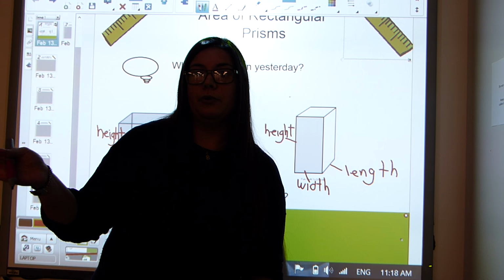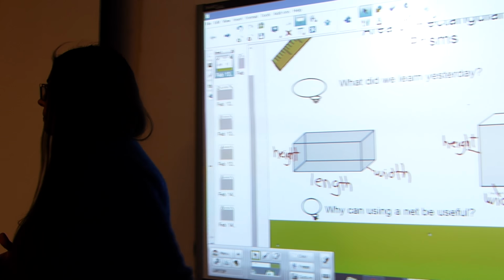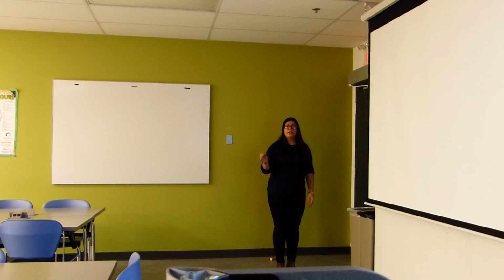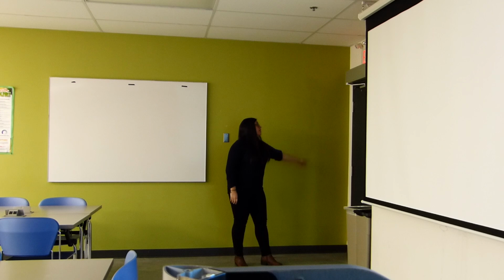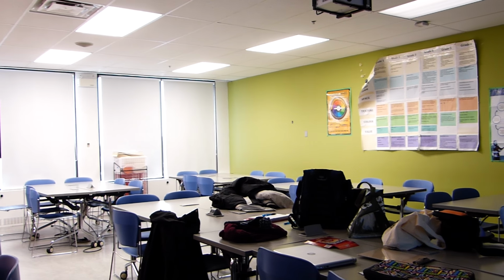So we're going to give you a real world example. So for instance, we are in a classroom. So follow me. If I were to come into this classroom, the classroom has a fixed height. From the floor to the ceiling, that's the height. But if I come into this room, I can say that this long wall is the length, and the wall there with the windows is the width.